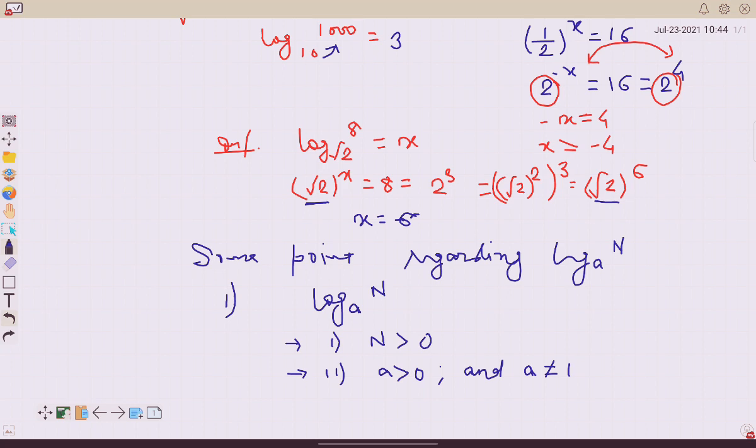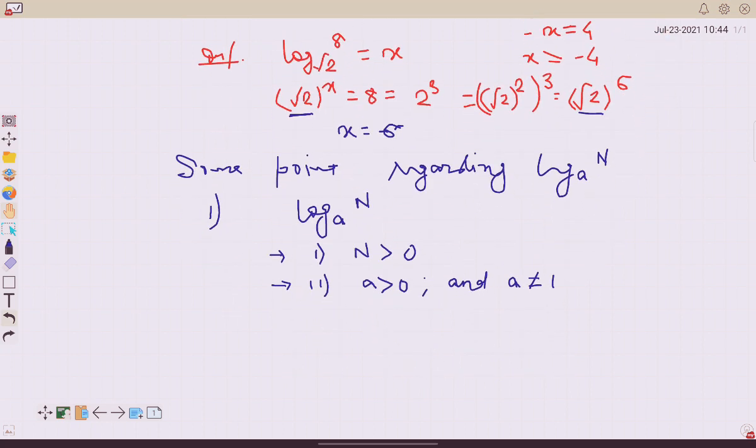Okay, so we will try to solve one more question and some properties which are related to the log. The third property is log n base n. As we know, log n base n means how many times we multiply n to get n, which means only one time.